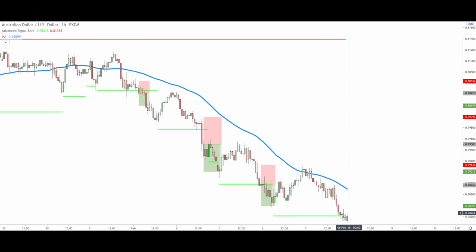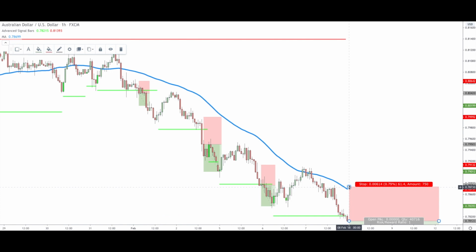Looks like we have another one, yet another one. This situation was kind of weird because it looked like it was broken down, but it was not, barely. So I prefer to wait a few more candles, and then we have a candle which is significantly lower, so I'm trading this one. So the trade now looks like this.